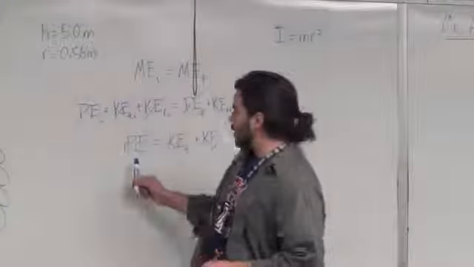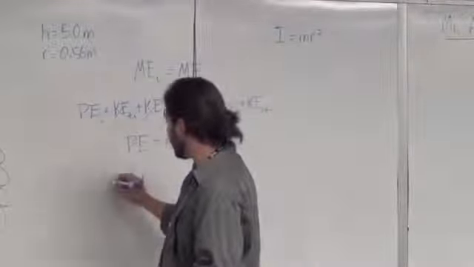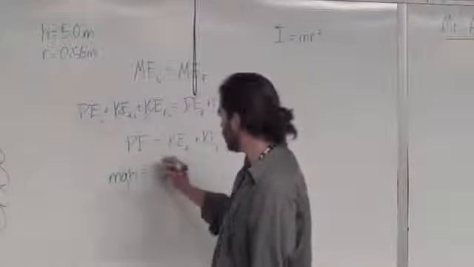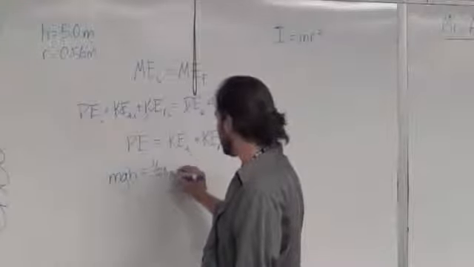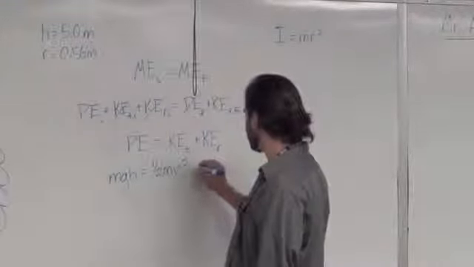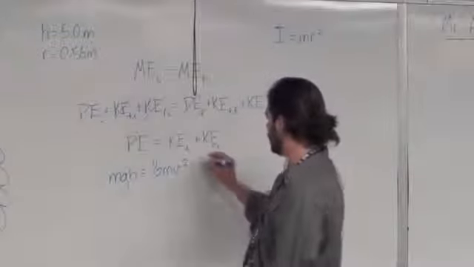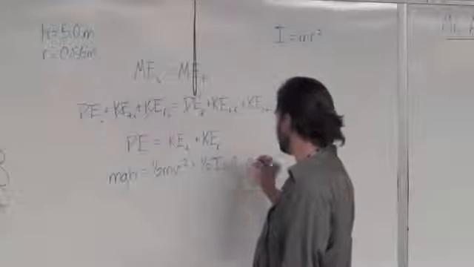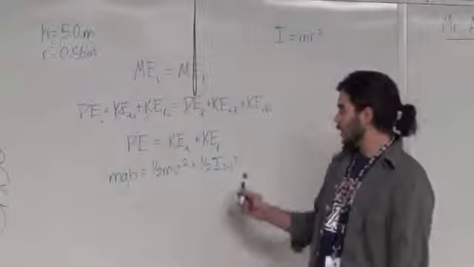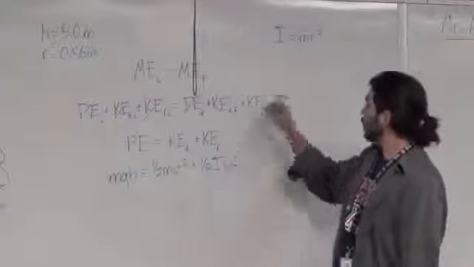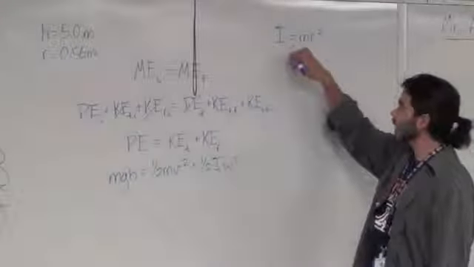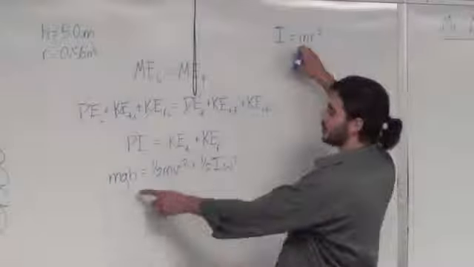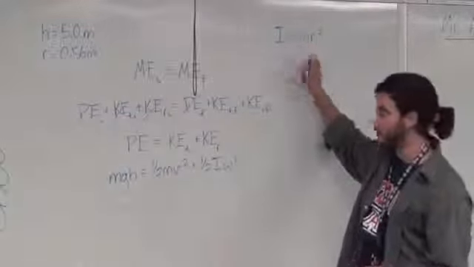Now, potential energy is given by mgh. Kinetic energy is given by 1/2 mv squared, and kinetic rotational energy is given by 1/2 I omega squared. We're going to replace this I with this equation since it has an m in it, because we want each of these terms to have an m so that they'll all cancel out.